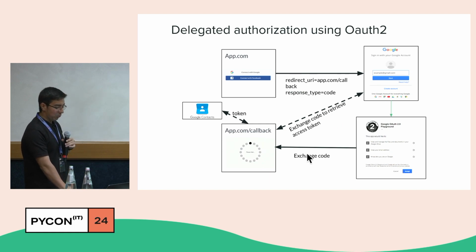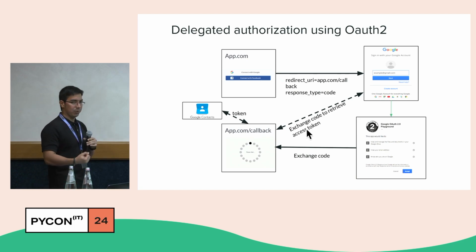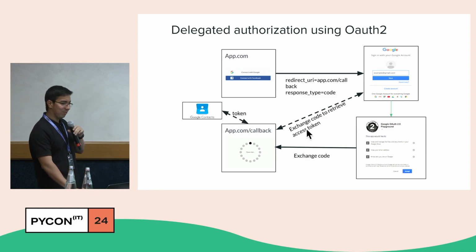This exchange code is not the access token, right? This code is going to be used by your application to connect directly to Google on the backend side, and then you will perform the exchange to receive the access token. And that's the one that you're going to be using. With the token, you can then get access to Google Contacts. That's the one that matters, right?